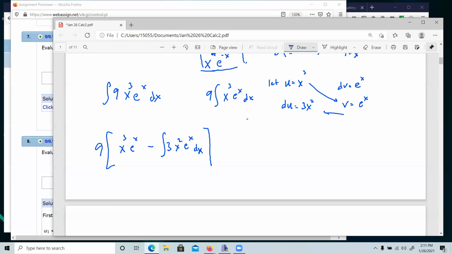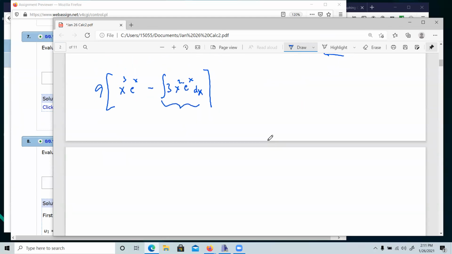Well, this is an improvement. I got 2 instead of 3, but I'm going to have to do this again. All right, so I'm going to have to take this little version here and push it down. So we have 3 integral x squared e to the x dx. And then what we're going to say is I've got an exponential times an exponent. Delightful. So what do we do with that?